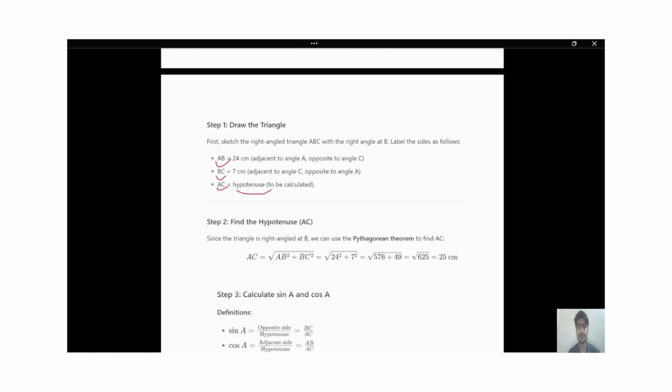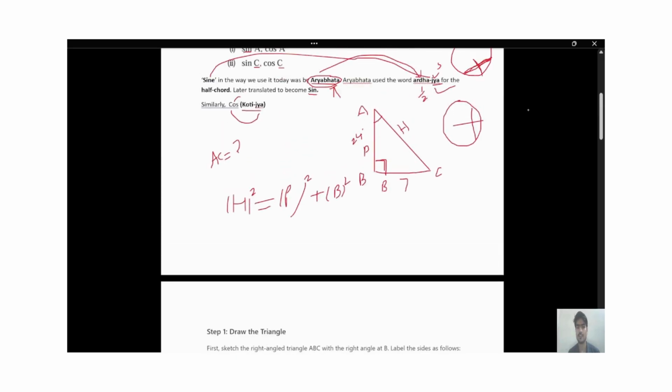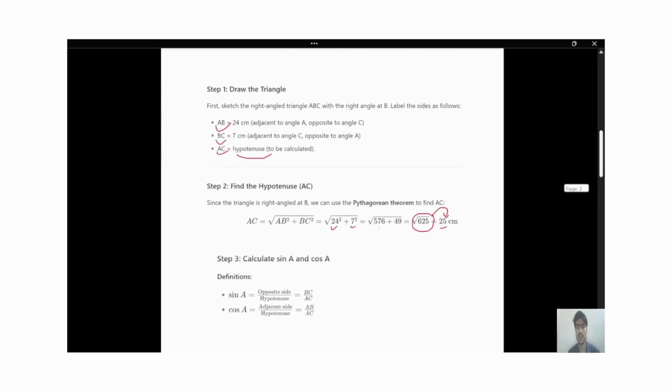So we take the sum of the perpendicular square and base square, which becomes 576 plus 49, which is 625. Under the root, it is a perfect square because 25 is its root. So I get the remaining side of the triangle. The hypotenuse is 25. I think you have found the side, right? So the side is 25.